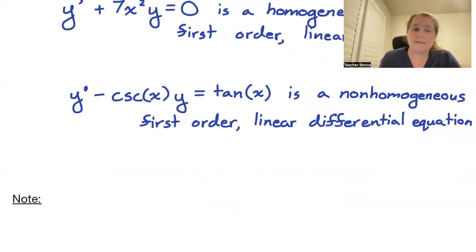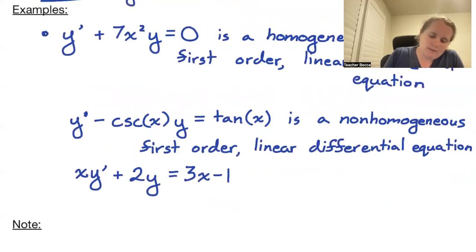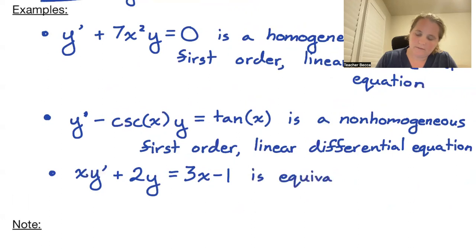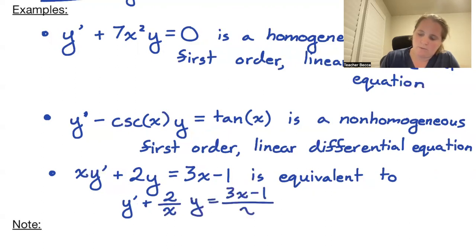We can also write these in a slightly different form. If we have x y prime plus 2y equals 3x minus 1, this can be rewritten. This is equivalent to y prime plus 2 over x times y is equal to 3x minus 1 over x.